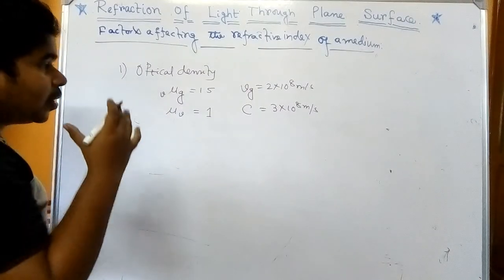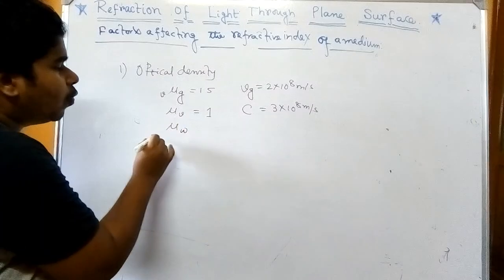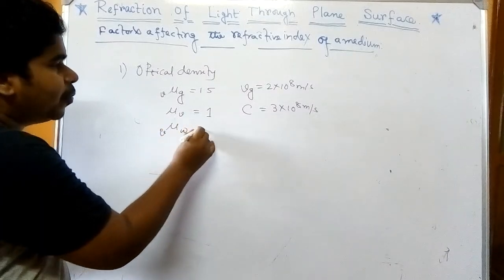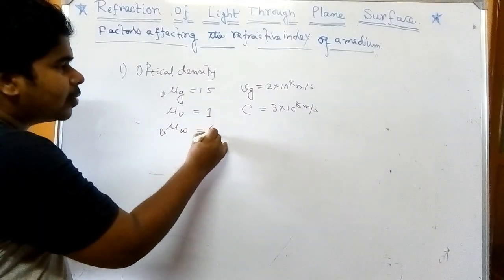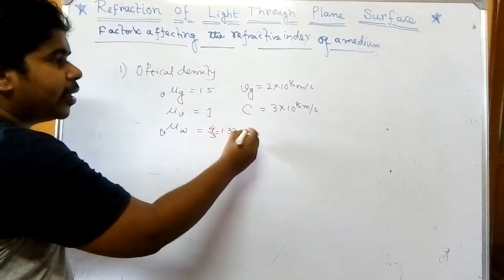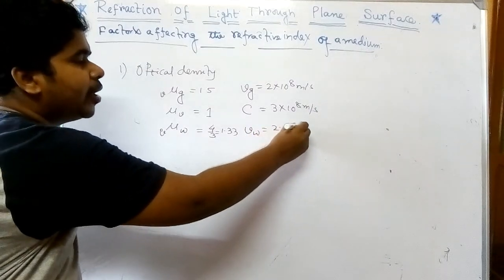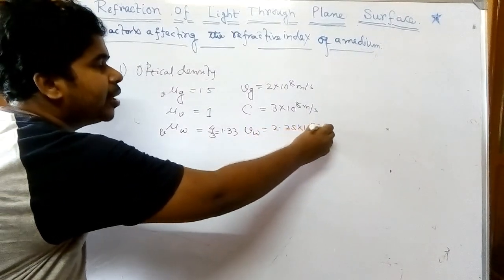In another way, the refractive index of water with respect to vacuum is 4 by 3, that is around 1.33, and here the speed of light in water is 2.25 into 10 to the power 8 meter per second.